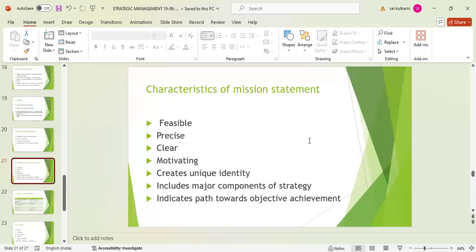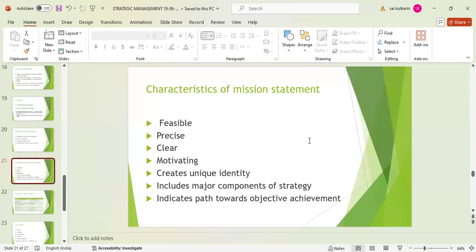The next one, motivating. The organization aims at satisfying the customers. Good qualitative products or services each and every business organization wants to render. So the next point, the mission statement should be motivating.